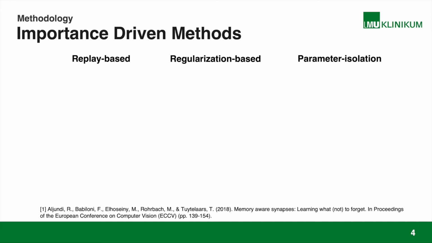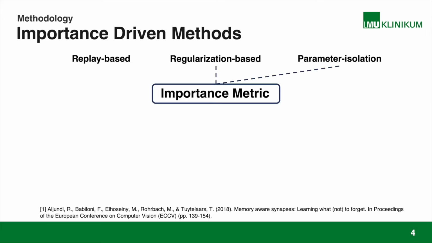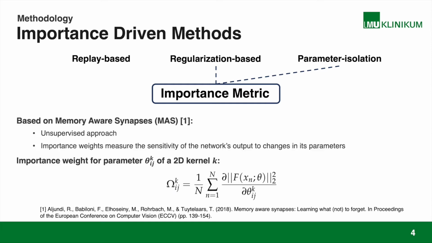Parameter isolation-based methods assign different parameters in a network to each task. This can be achieved by either fixing the architecture or dynamically extending the network. Most regularization-based and parameter isolation-based methods introduce an importance metric for each of the network's parameters. Our work is based upon this importance-driven approach, which we adapt for medical image segmentation.